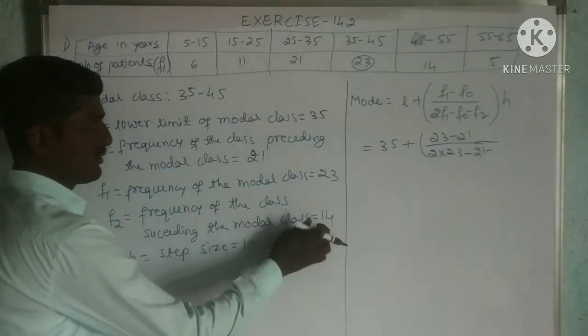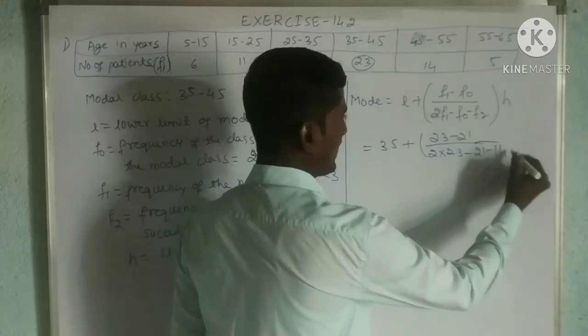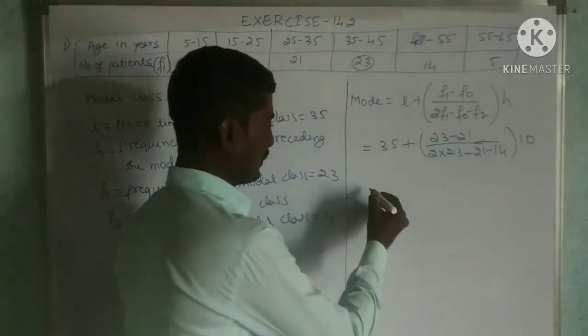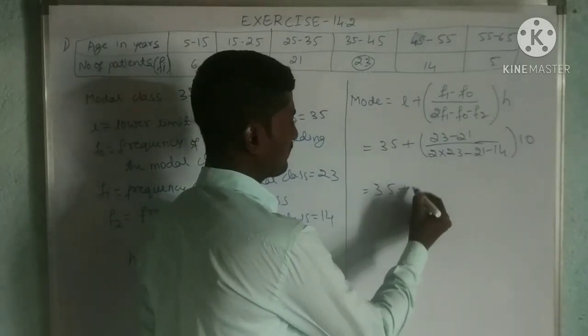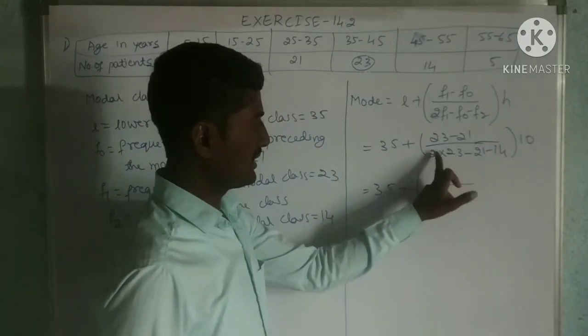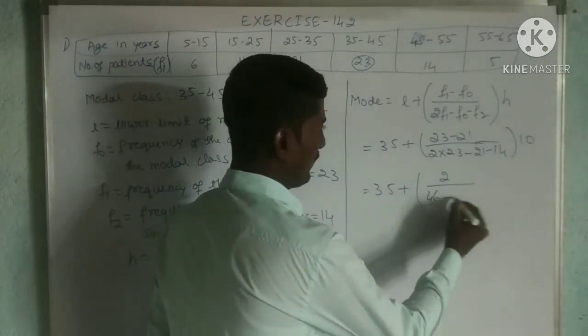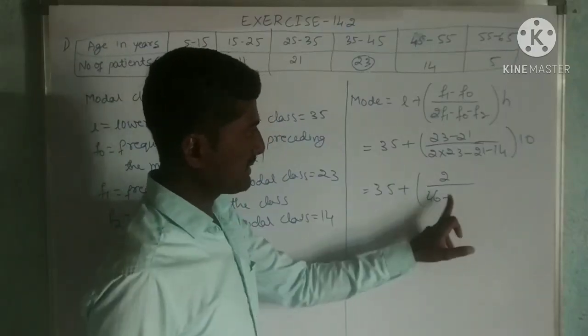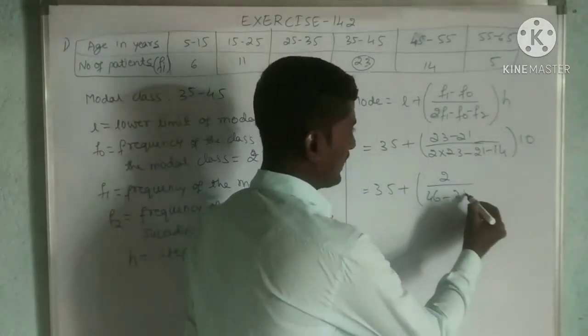Here F2 value is 14, into H. H value is 10. Now this is equal to 35 plus 23 minus 21, divided by 46 minus 21 minus 14, that is minus 35.